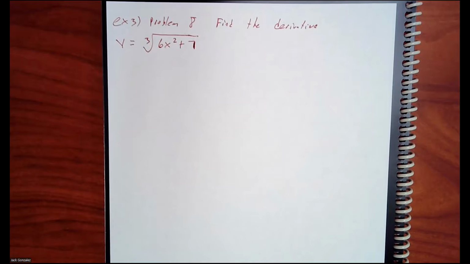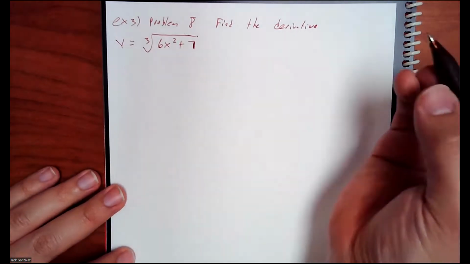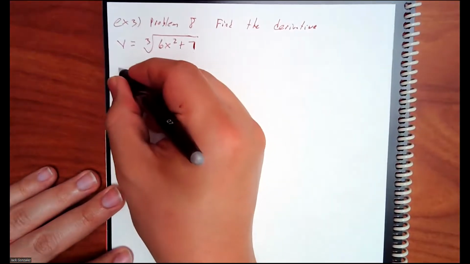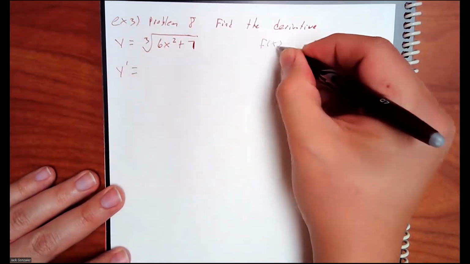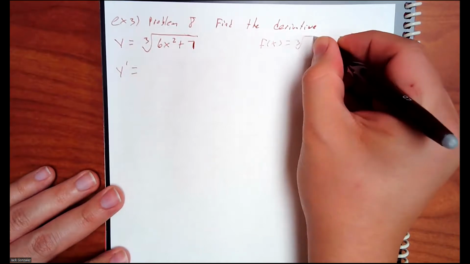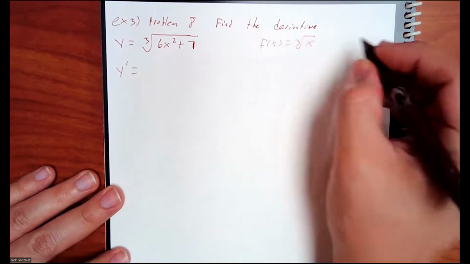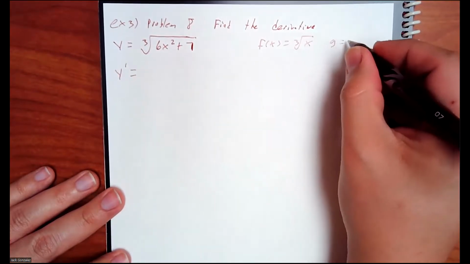To the 1/3 power. There's going to be the cube root. The whole radical outside is the outer function, and then the inner is what's inside. Okay. So we want to make a note. Say, you know what, f is a cube root function, and g is this inside stuff.